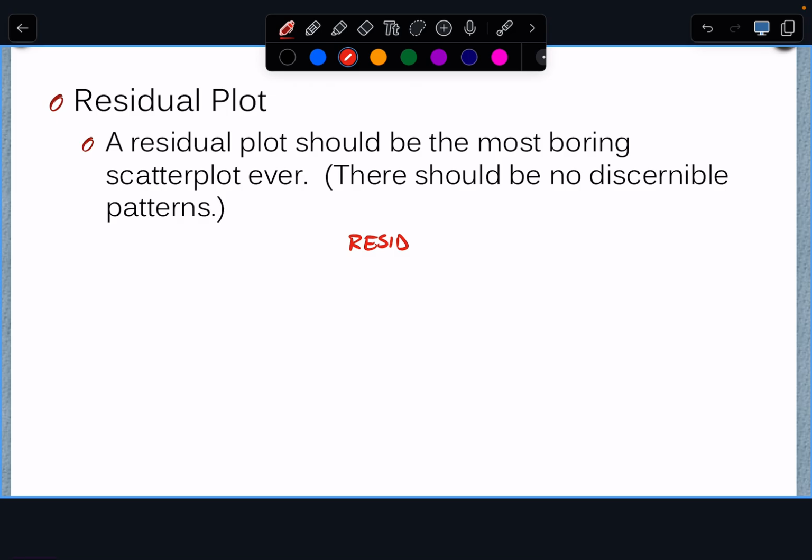If I want to go back to a regular scatter plot, let's talk about that just real quick. If I want a regular scatter plot again, go back into second y equals, go into your stat plot menu, and go back into plot 1. Scroll down to your y list. And if I want to switch back to list 2, I want just my regular scatter plot again, just go ahead and hit second and the number 2.